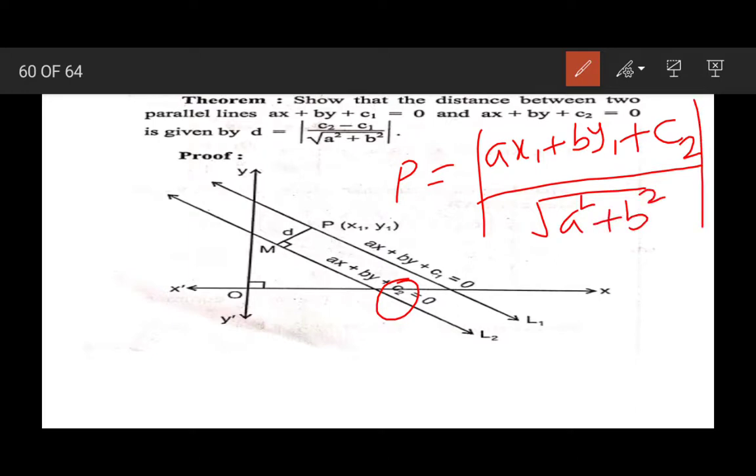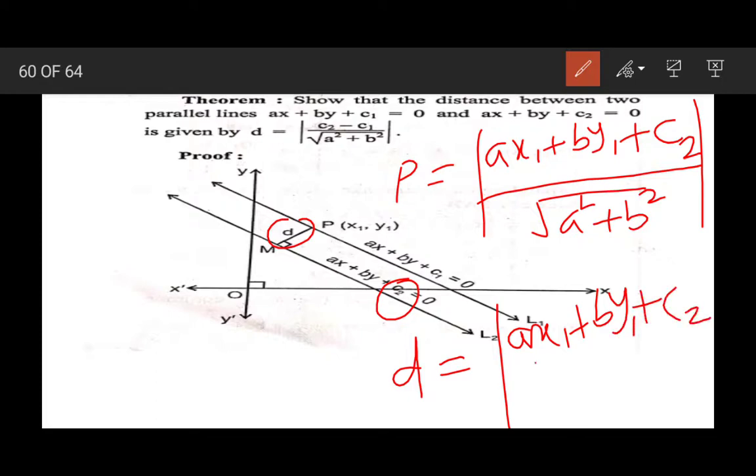This is the formula for p, but here it is not p, it is denoted by d. So d is equal to mod of ax1 plus by1 plus c2 upon root of a square plus b square. Okay, this much part is clear.